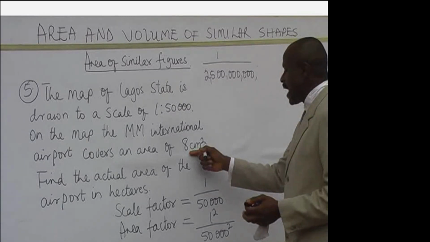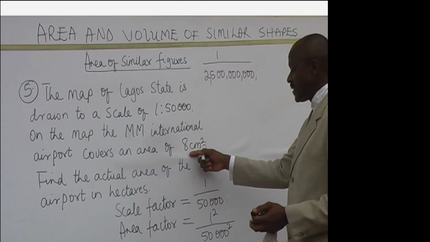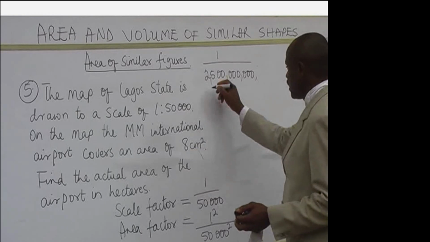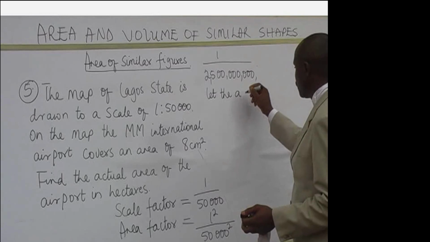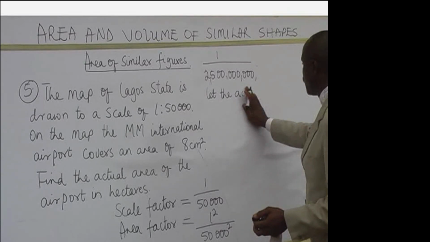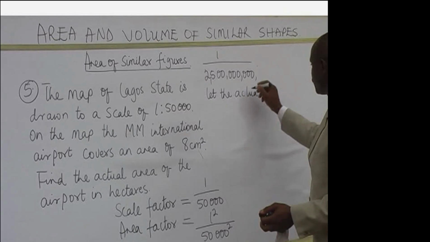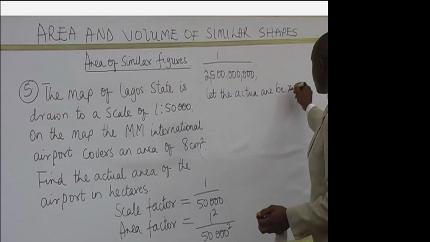Now, they're asking for the actual area of that airport, if inside the map the airport measures 8 centimeters squared. Let the actual area be represented by a letter.